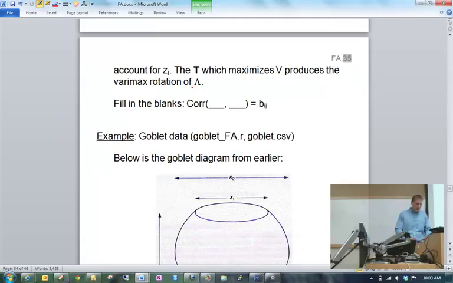Okay. So I have a fill-in-the-blank question here. Sorry, I'm using a little bit of a different notation. Cor meaning correlation, so we used the Greek letter rho in the past to mean correlation. The correlation between two random variables is equal to B sub ij. Name those two random variables. I will give you one: Z sub j.